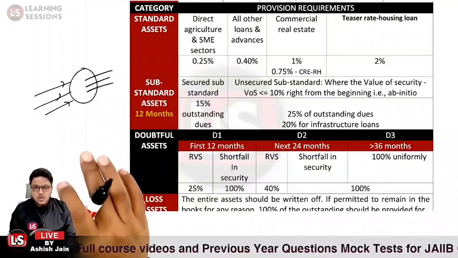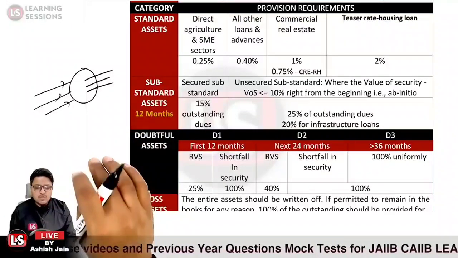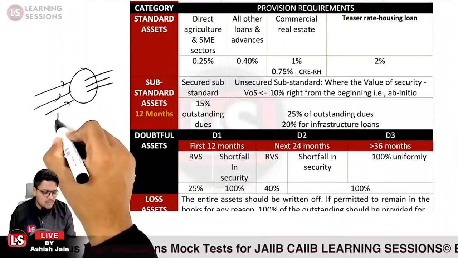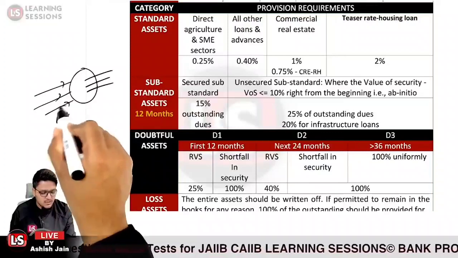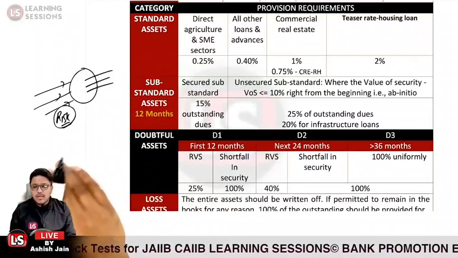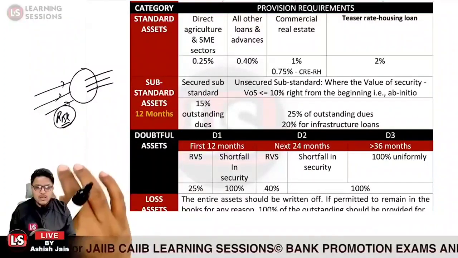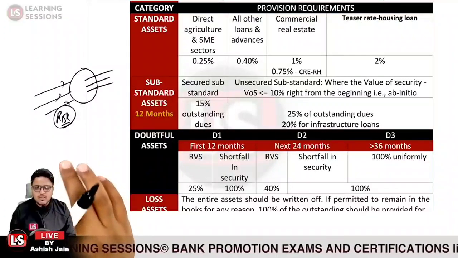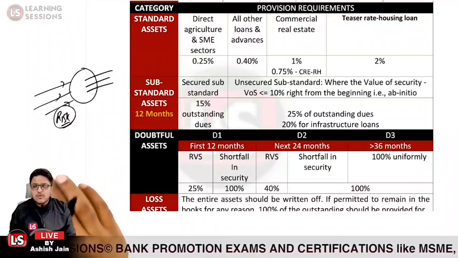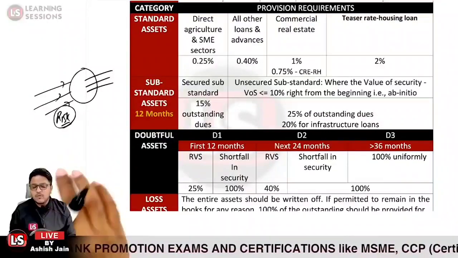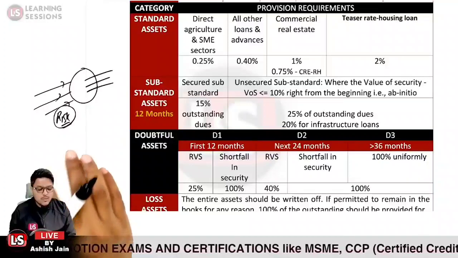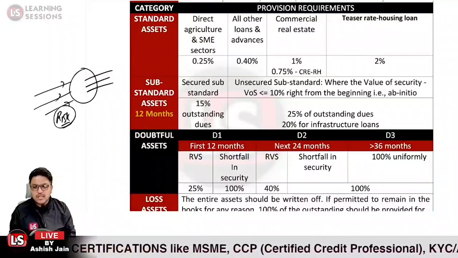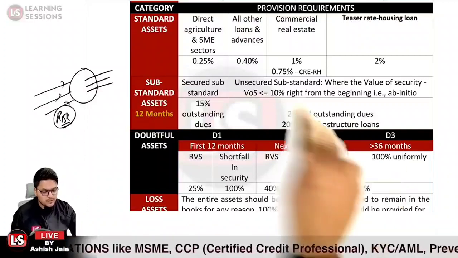Now if the loans turn out to be non-performing assets, there is a risk arising on the depositors' money. So as to maintain the solvency of the bank, it is required under the IRAC and provision norms that certain provisioning must be maintained. That is why the provision is to be created.